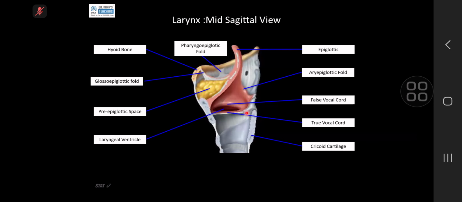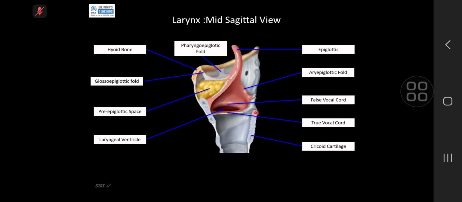Now, one key point in laryngeal imaging, particularly on a CT scan, is to imagine that an axial slice of CT is passing like this, where my mouse is. And this will pass through the arytenoid cartilage and then the cricoid cartilage.